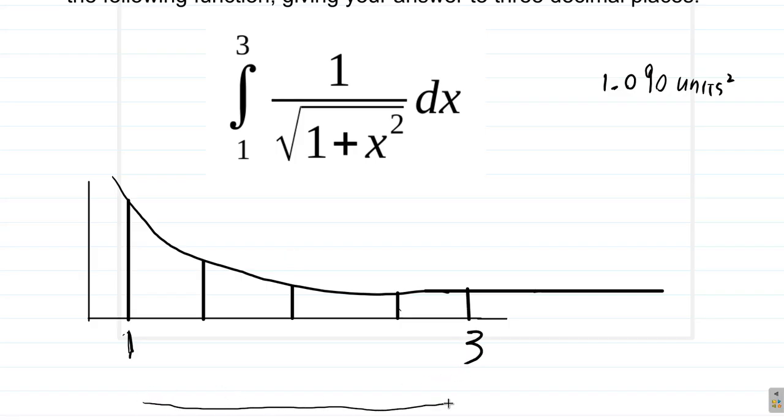Now again, the width from 1 to 3 is 2. So if you have 2 divided into 4 parts, each of them is 2/4, which is half. The width of each of these, you call them trapezium, right? It's approximately a trapezium.